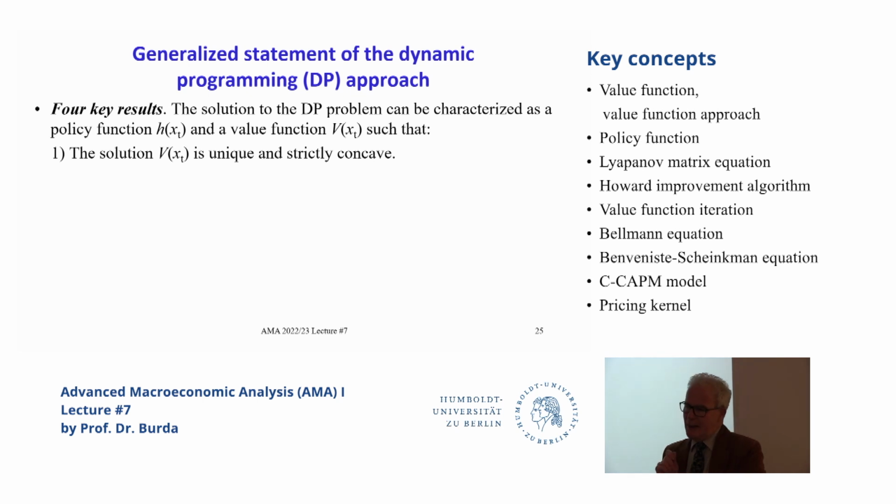So if you get the value function, if you're in a situation where the value function characterizes this problem, and again, assuming the things we've assumed, that the return function is concave, that the set defined by the transition equations for the state is convex, that is, there are no non-convexities in that set, then we can say with confidence that the V function, first, is unique, there's a single function that represents this problem's maximum, and it's differentiable, and it's concave.